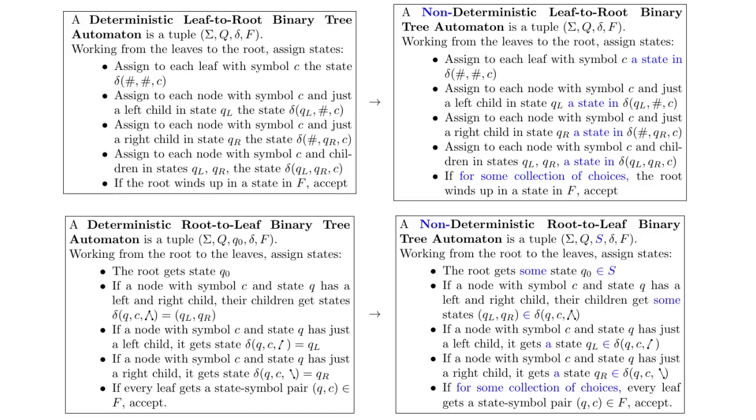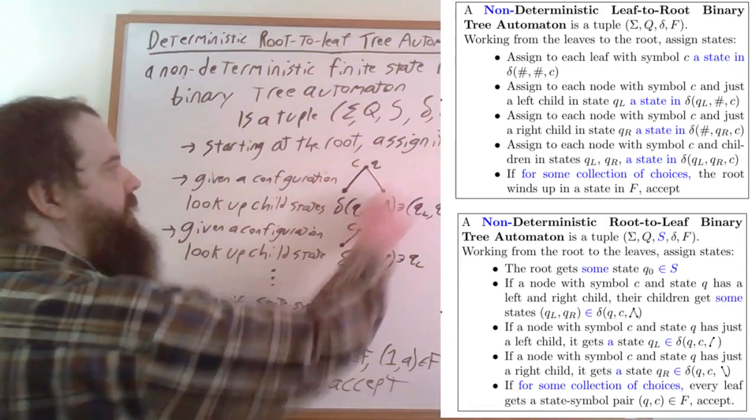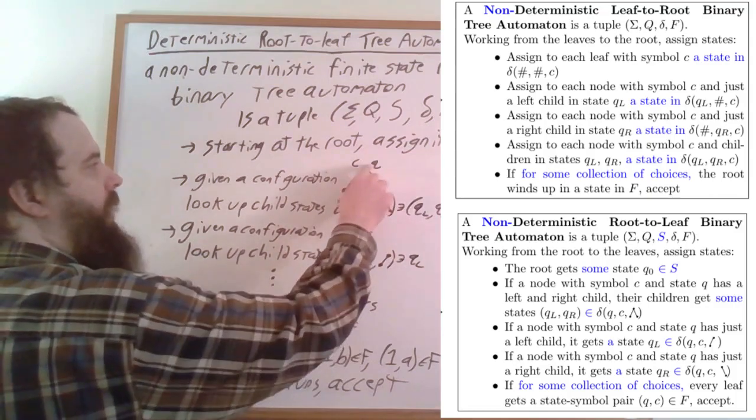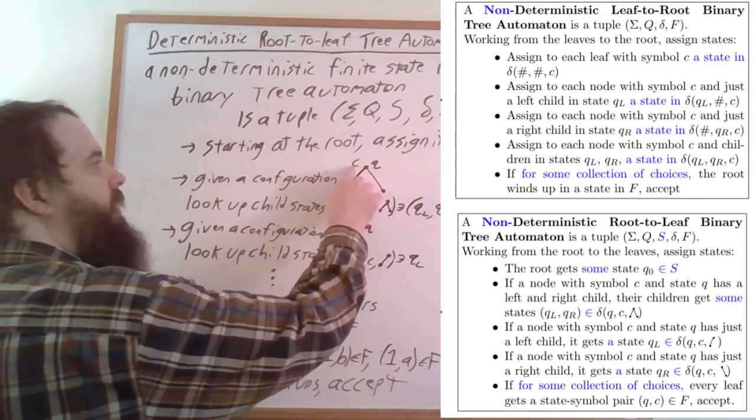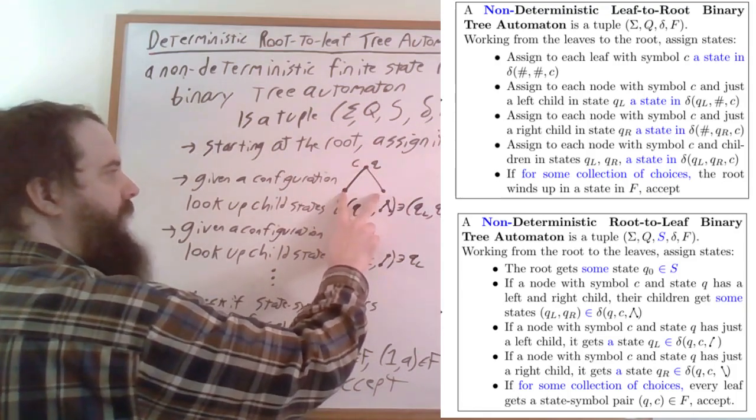I'll talk more about these non-deterministic automata in the next video, but it's worth taking a moment to think about how non-deterministic root-to-leaf tree automata and non-deterministic leaf-to-root tree automata are pretty much the same. They're just specifying valid configurations of a parent node's symbol and state and the child nodes' states.